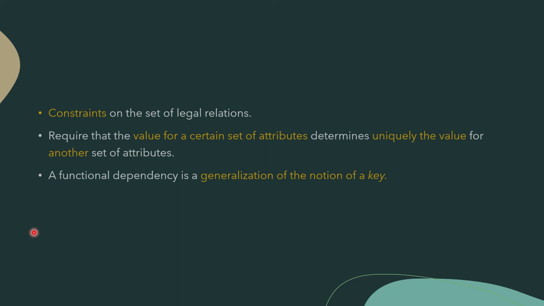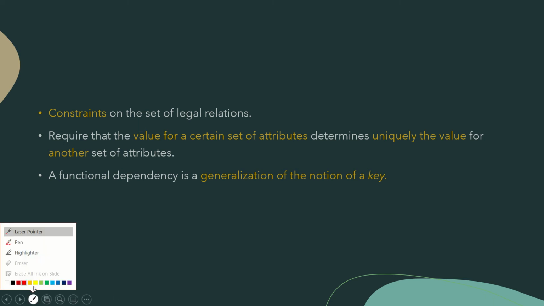Suppose A and B are two attributes of the same table. If you know the value of attribute A, and we can uniquely identify the value of attribute B, then we can say that A implies B.